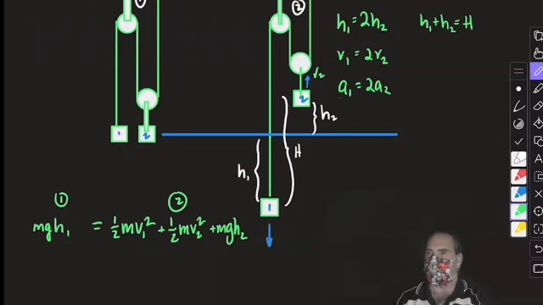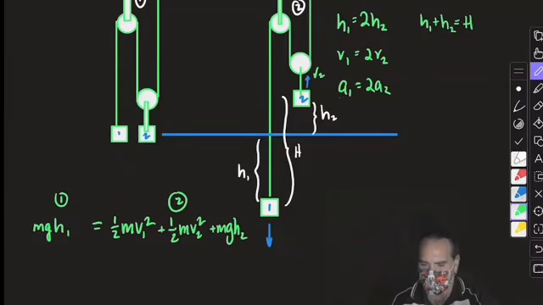I'm saying that because it wouldn't be a bad idea for you to figure out what the tension in this cable is. If I were asking this as an FRQ, I certainly wouldn't stop just at energy. I would definitely want to know tension in the cable, acceleration of the system, all sorts of other things that are acting here. I think the acceleration in this system and the tension in this cable is an interesting question. And if I think it's interesting, it might be interesting on Wednesday. Is there any subtext there? I hope so.